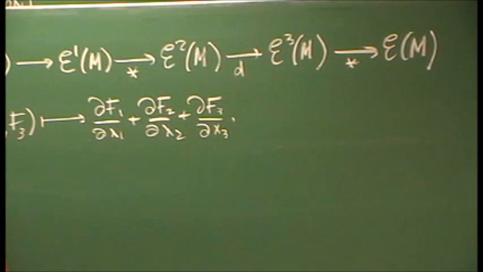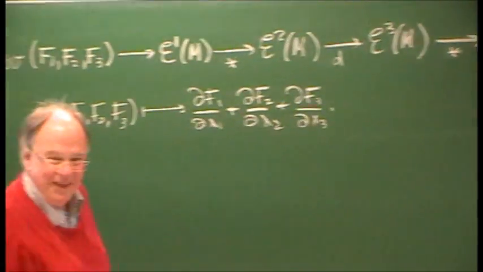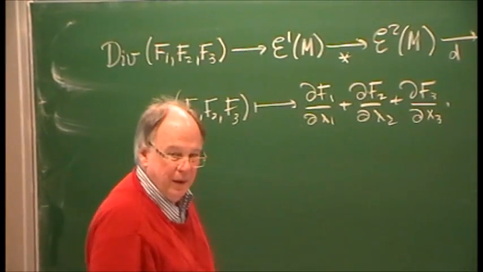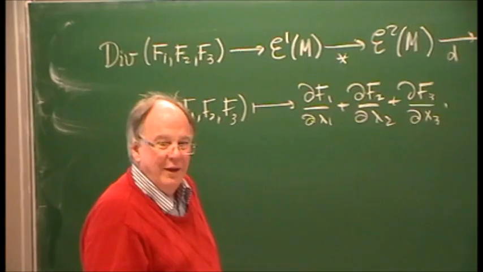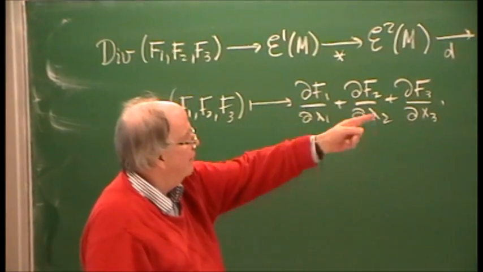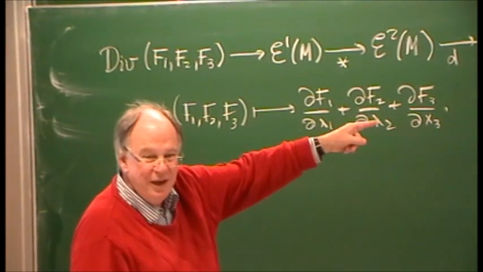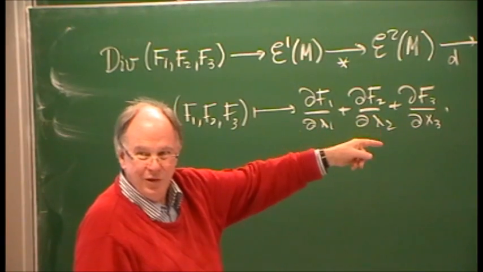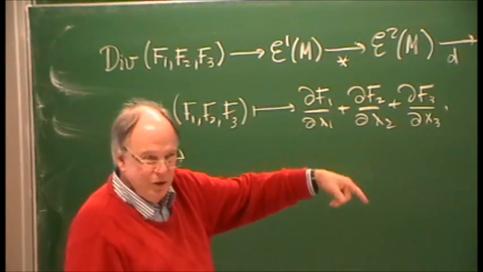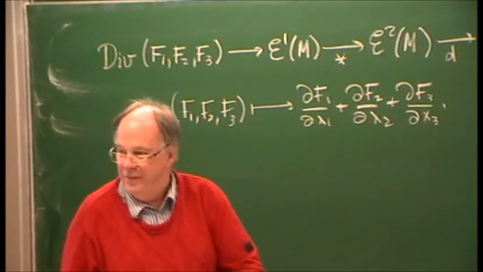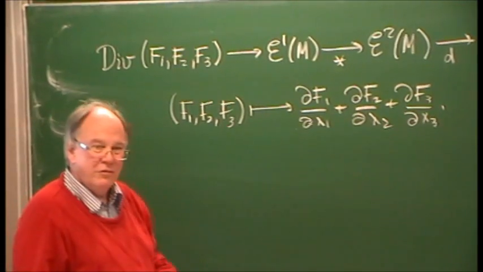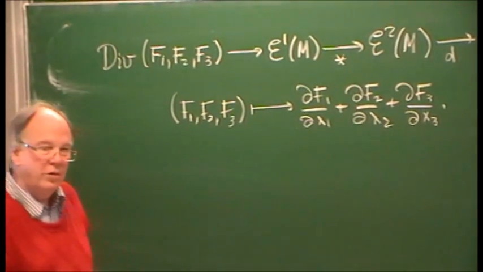So this was a lecture on language, going back and forth. Also for you guys, it's important to know that when you talk to mathematicians, they're going to be a lot happier if you use the word D instead of curl and divergence. But we should always be able to talk to each other.